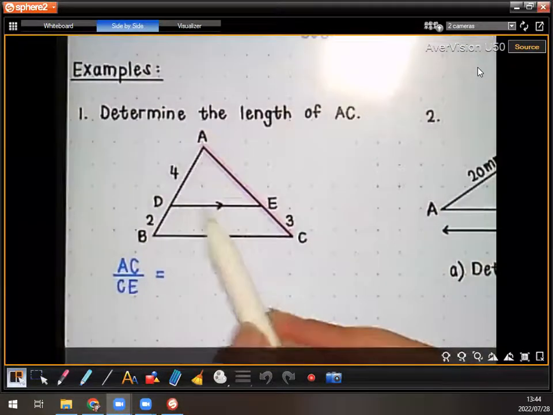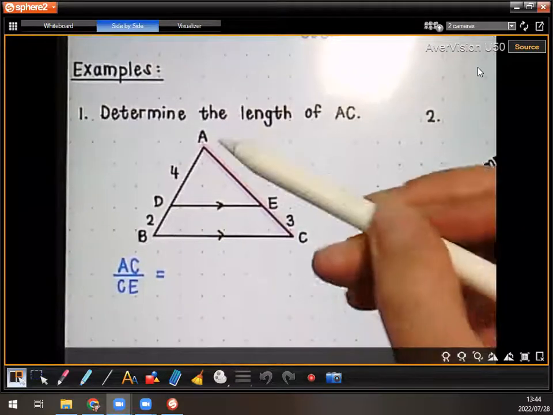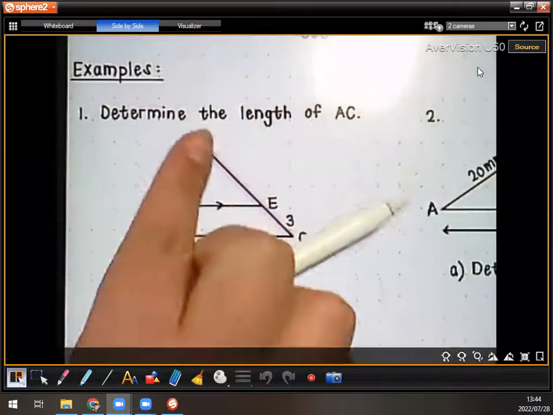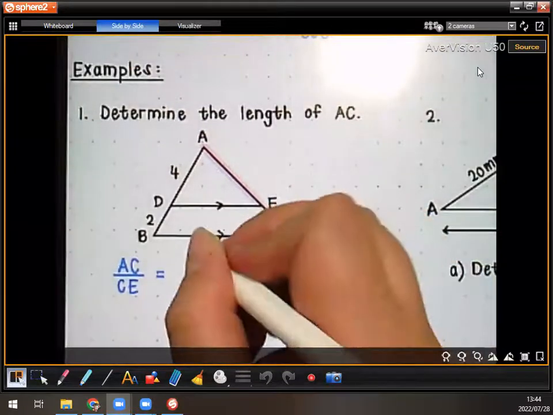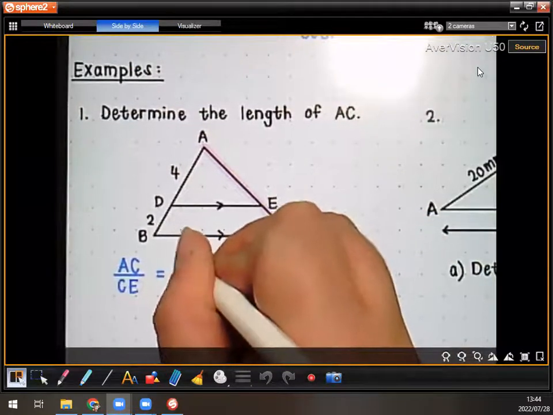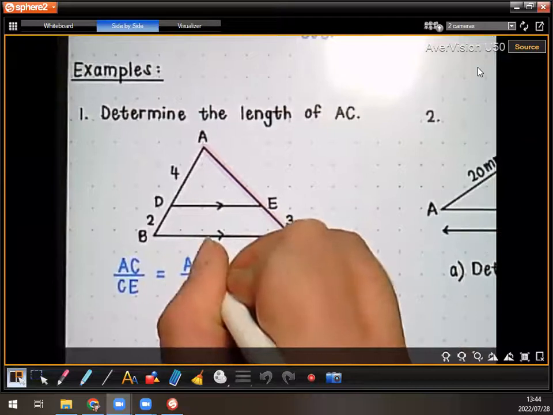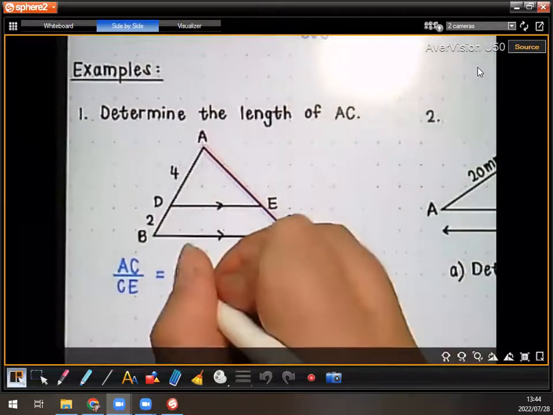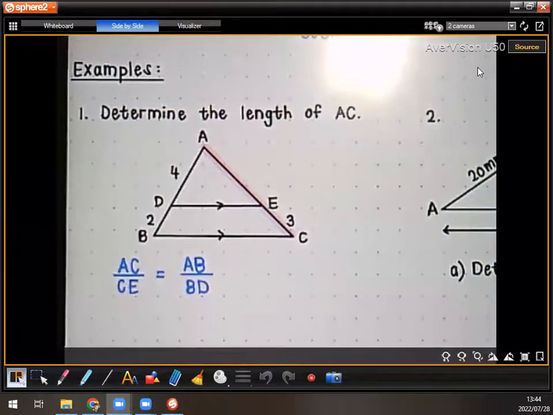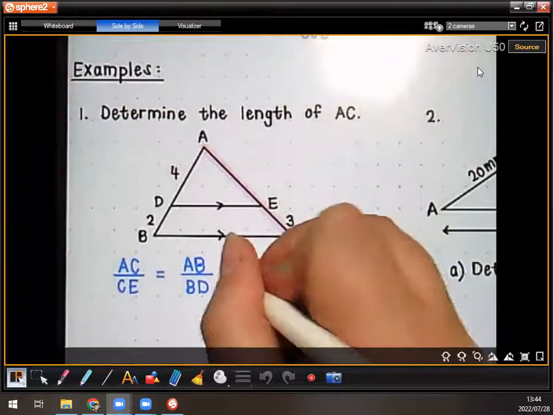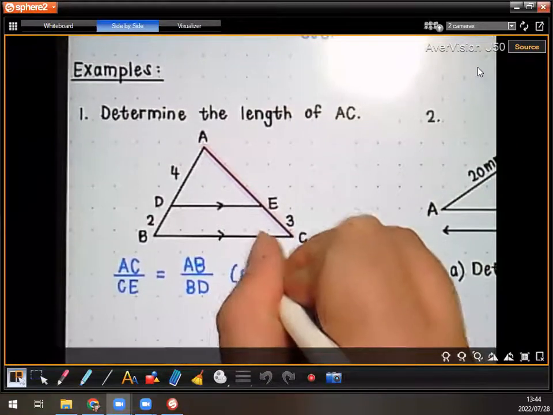Now, because I have this parallel line, the ratio is going to be the same on the other side of the triangle. So again, the whole side, which is AB on that side, over the bottom part, BD. Reason: proportionality theorem.